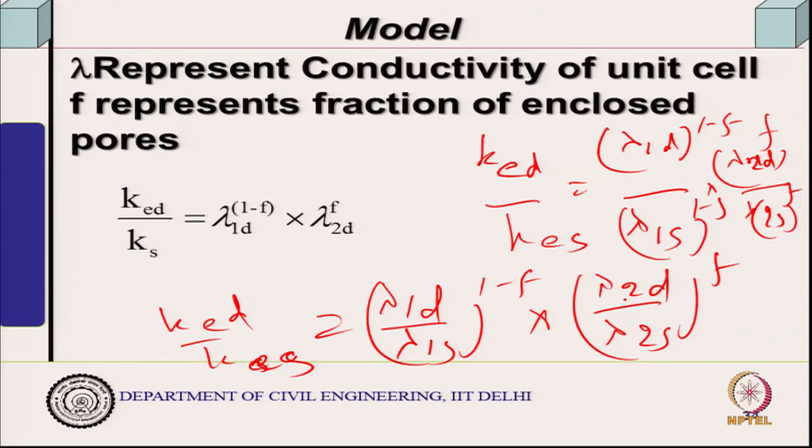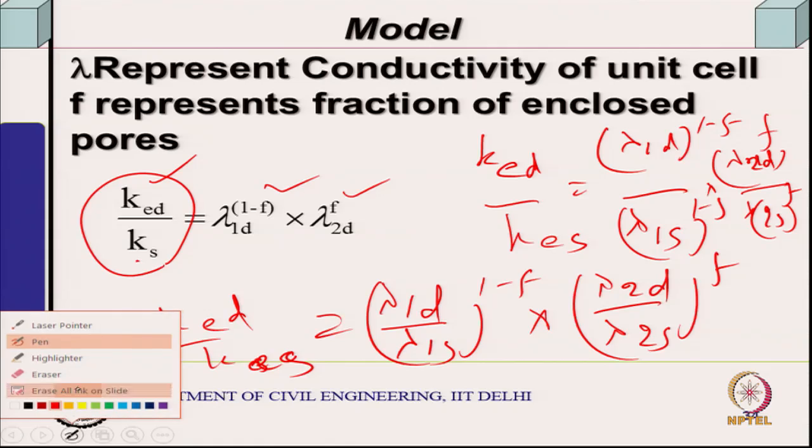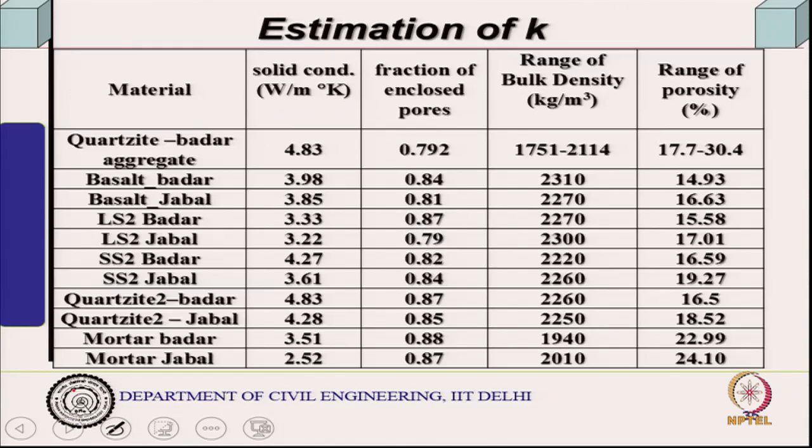Ks is unknown to me at the moment, but it does not matter, for the same case I will find out, and I can really determine f, and once I have determined f, calculate this value back, since experimentally this is known to me. So, I would have assumed a Ks, found the value of f, used that value of f, and checked for the value of Ks. If it matches, fine, otherwise with this kind of trial and error I can find out both Ks and Kf for various cases, and this has been done for various materials.